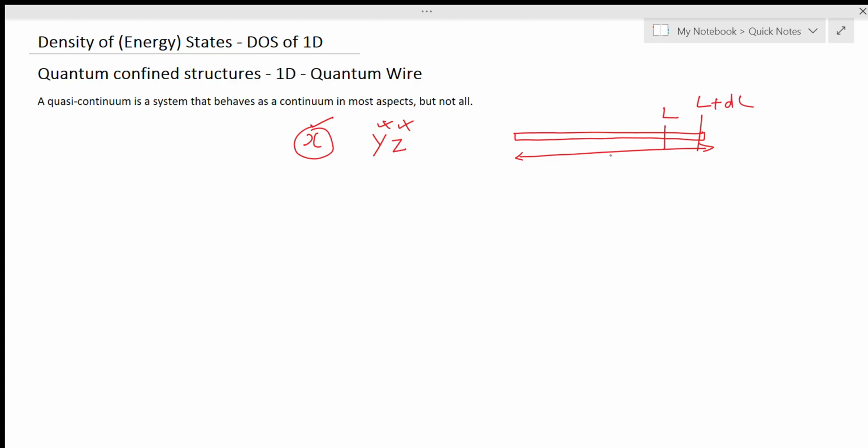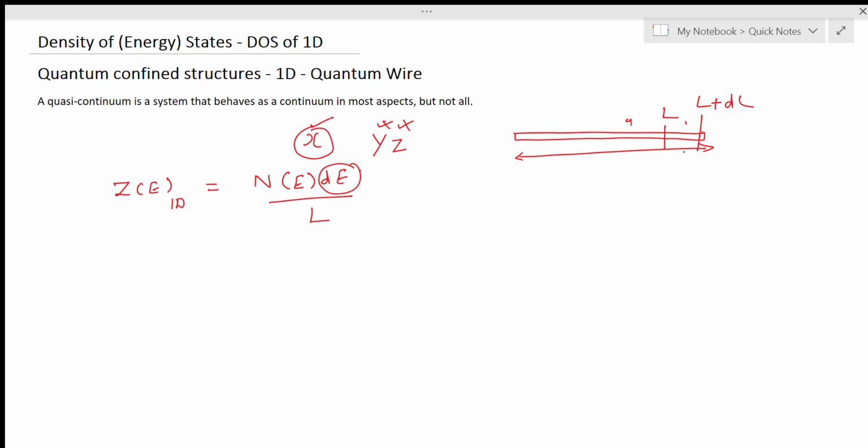That is, if it is 10 centimeter as a whole, then up to L it is 9 centimeter and this is 1 centimeter. So here the definition for density of energy states of the one-dimensional quantum wire is the number of available energy states per unit length in the energy interval dE.